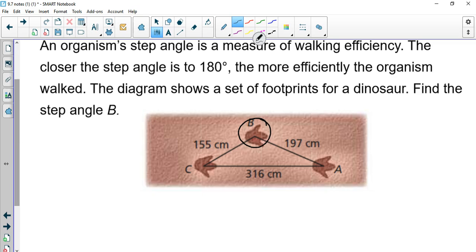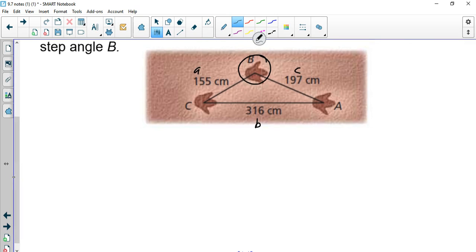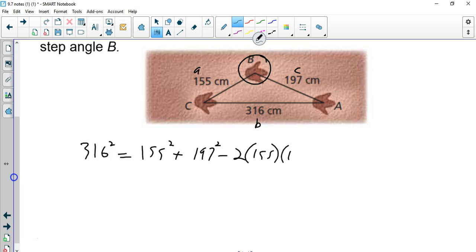Okay? So that means we're going to use, here's our B for B squared, here's our A for A squared, and here's our C for C squared. And so we just put the numbers in as we see them. So 316 squared equals A squared plus B squared minus 2 times those two numbers, A, B, cosine of our angle, which we don't know.